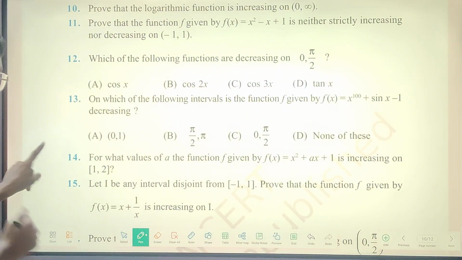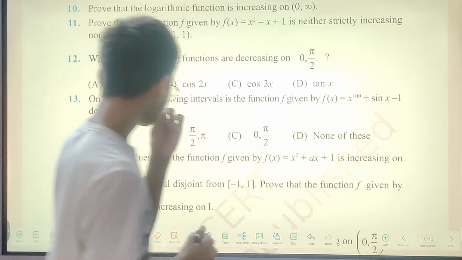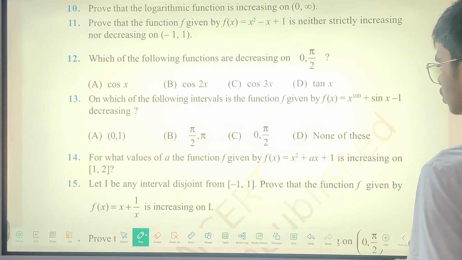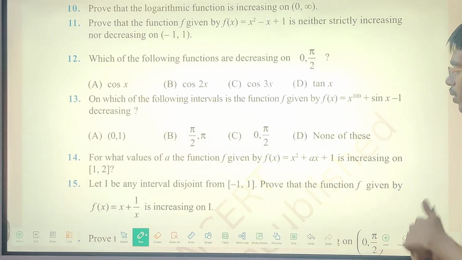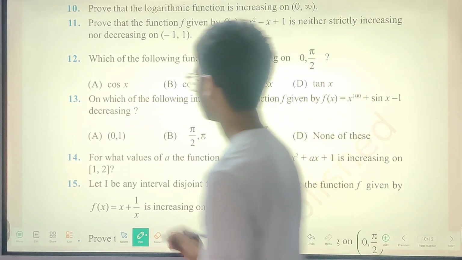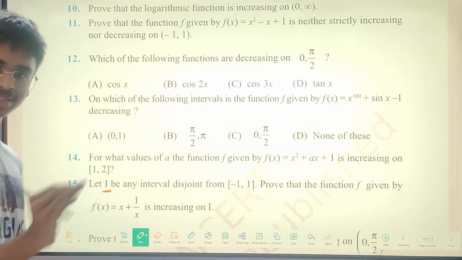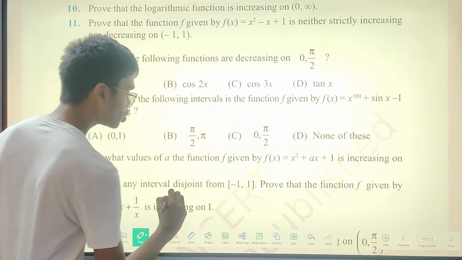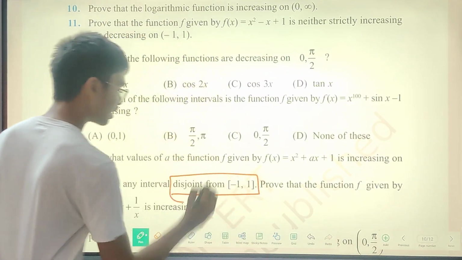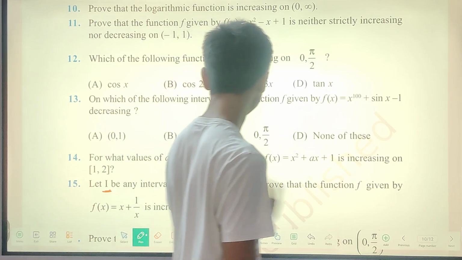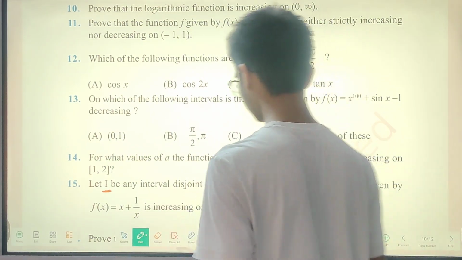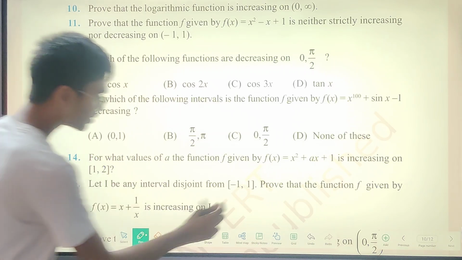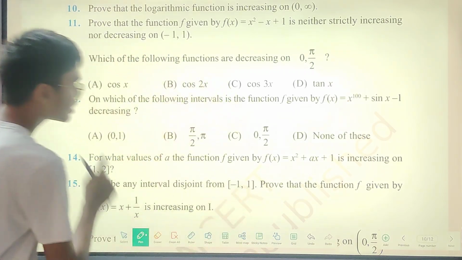So what about this question that they have given us? Oh, we have completed this one also. Let I be any interval, that means I is an interval. It can be any interval disjoint from -1 to 1. That means exactly in this interval, I is disjoint.